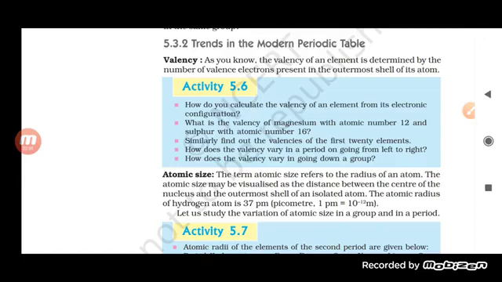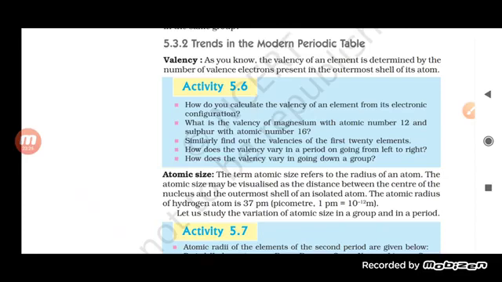If the number of valence electrons is more than 4, then the valency will be 8 minus the number of valence electrons, and if it is less than 4, the valency will be equal to the valence electrons. So the electronic configuration helps us in telling the number of valence electrons, and with the help of the valence electrons we are able to find out the valency also.